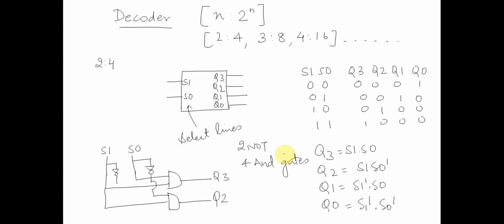We can have various variations of these decoders, basically the arbitration circuits. Let's have a decoder with an enable switch. We have a decoder block with two inputs S0 S1 and outputs Q0, Q1, Q2, Q3, but with an enable input.